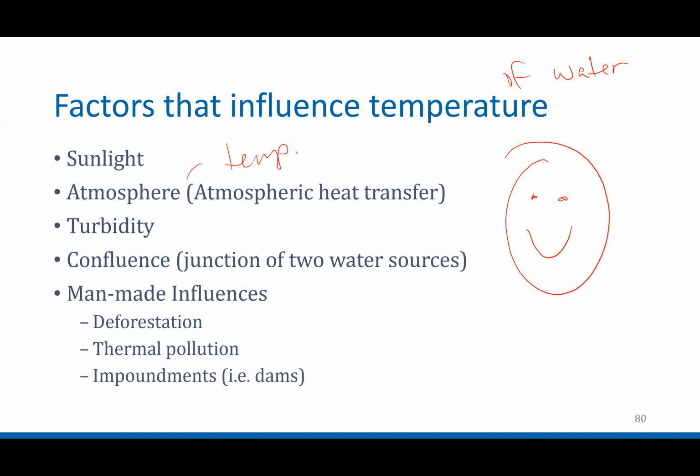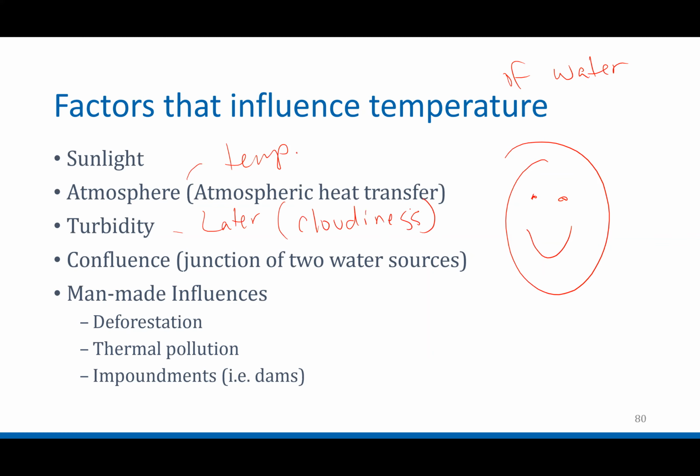Now, it depends on the volume of water, the motion of the water. There's a lot of factors here, but typically, look at Doha. If it's 50 degrees in the air, the water will be a little bit warmer than, say, in the winter or in the nighttime, when it gets down to, say, 20 or 30 degrees. Turbidity is another factor that influences temperature, and we'll talk about that later.